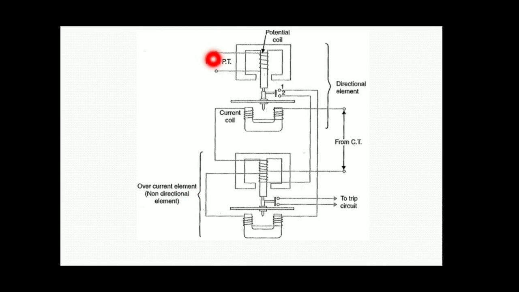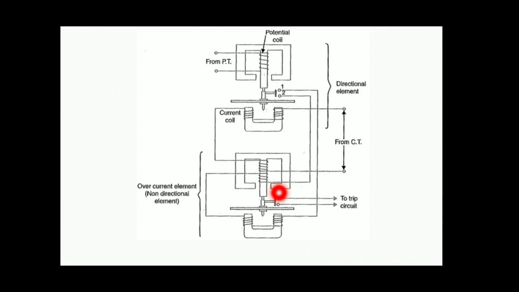The directional element is the same as that of an induction type power relay, which is added to the non-directional overcurrent element. Both operations are obtained within the same relay. That relay is known as the induction type directional overcurrent power relay.